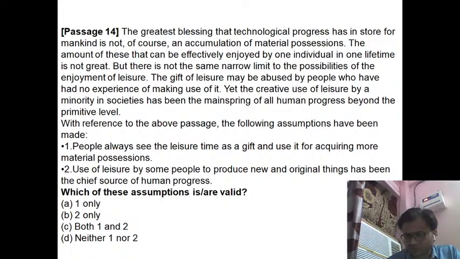First of all, you have to read this passage. You have to find what the passage is based on. Try to answer the question quickly.